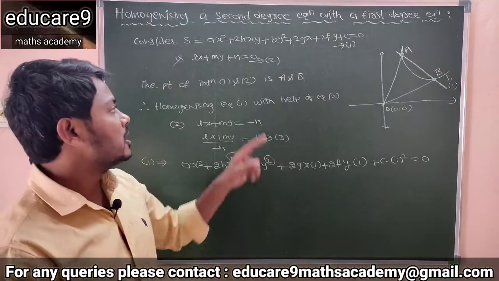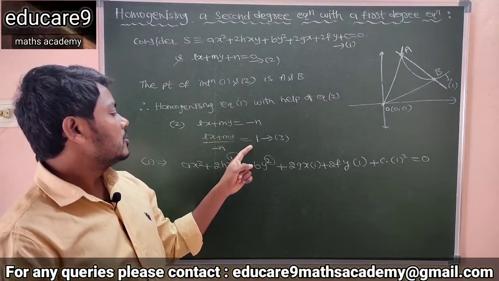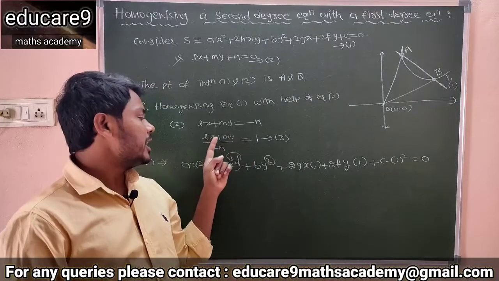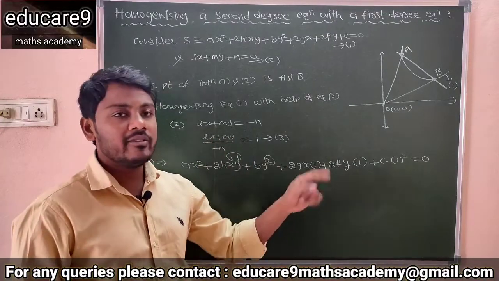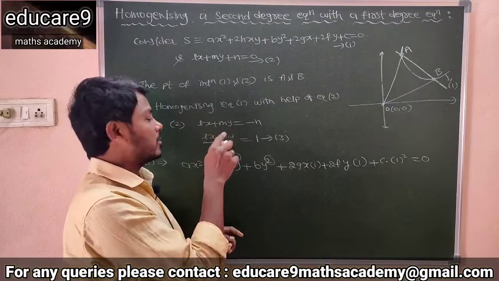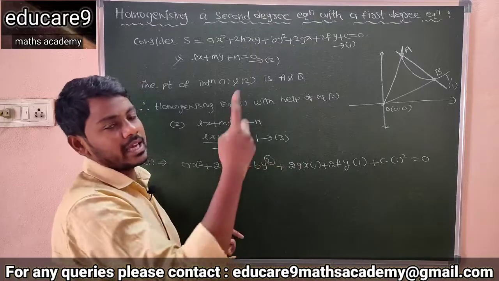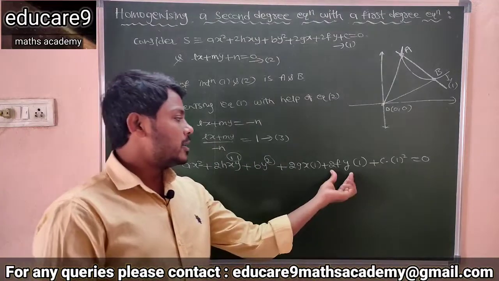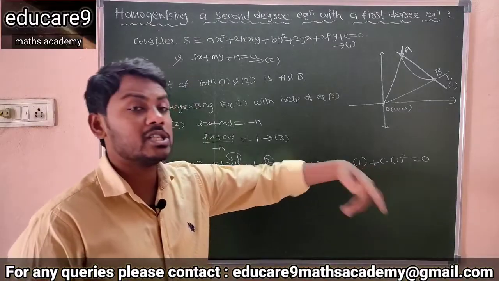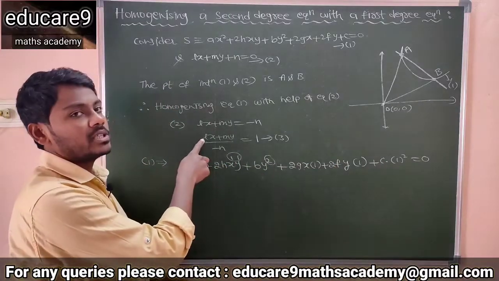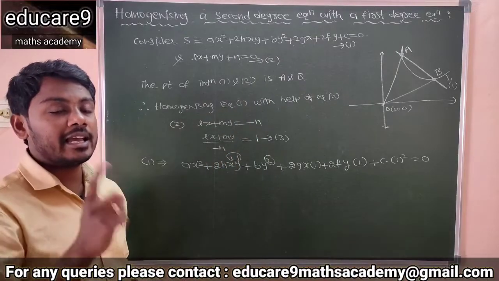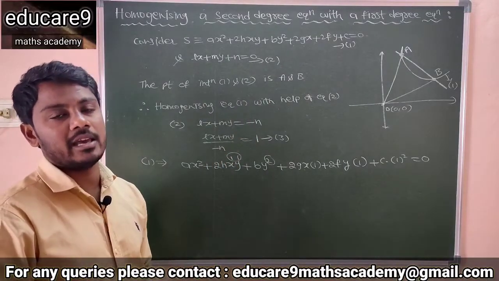So what is 1? From equation 3, it is Lx plus My by minus N. Substitute here Lx plus My by minus N, you will get 2g Lx square, second degree term, and 2g Mxy, again second degree. Similarly 2fy into this, again second degree, and c into 1 square, which means the square of this, giving L square x square, M square y square, 2LMxy. Again we get a second degree equation.